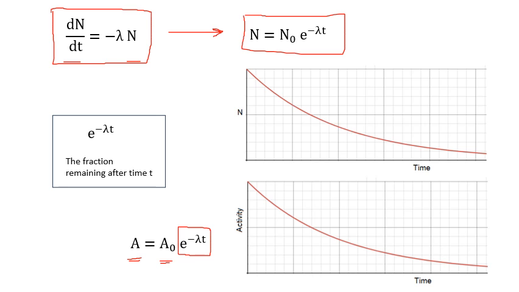So e to the minus lambda t is the fraction remaining after a certain time. If you multiplied it by 100, it would be the percentage remaining after a certain time. So it starts at 100% and then it gets smaller and smaller until eventually it's 0. So N equals N naught e to the minus lambda t, A equals A naught e to the minus lambda t.